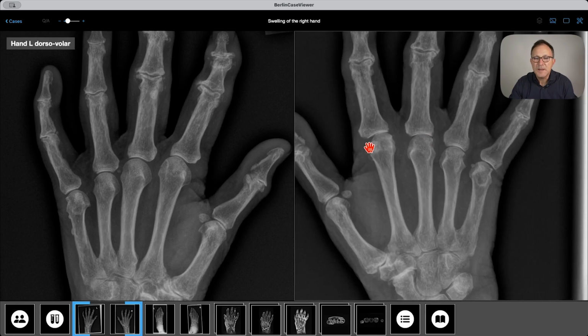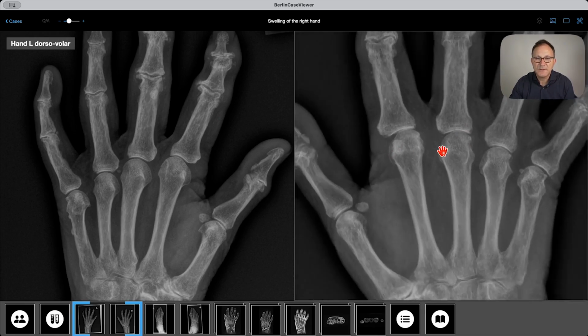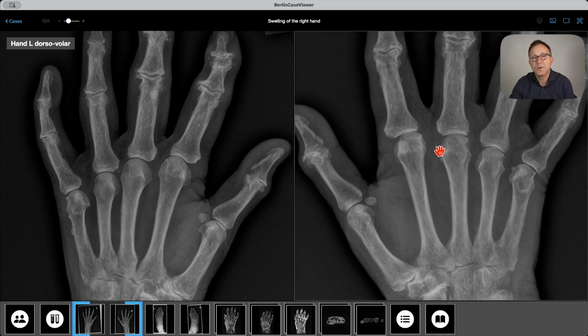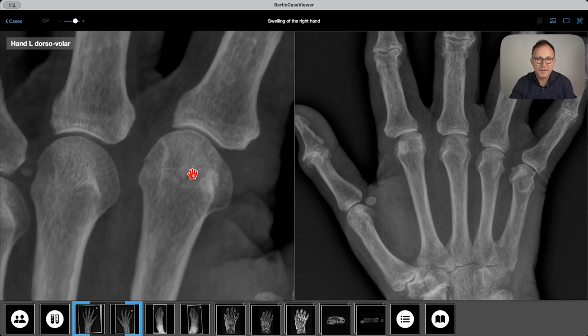Looking at the MCP joints, knowing that she was previously diagnosed with rheumatoid arthritis, we would of course search for erosions because these are the typical joints. For this, we can see that the joint spaces are rather narrow. So this could be due to pre-existing arthritis.